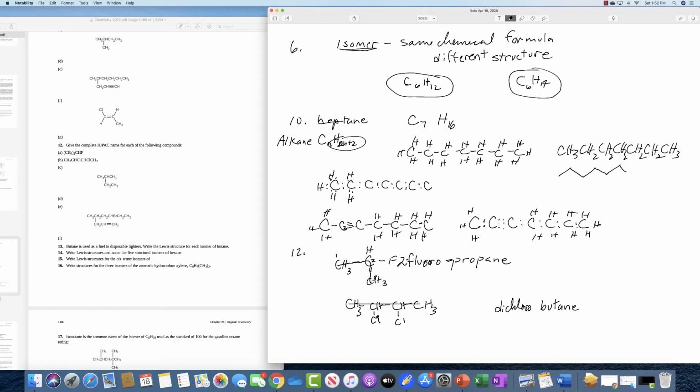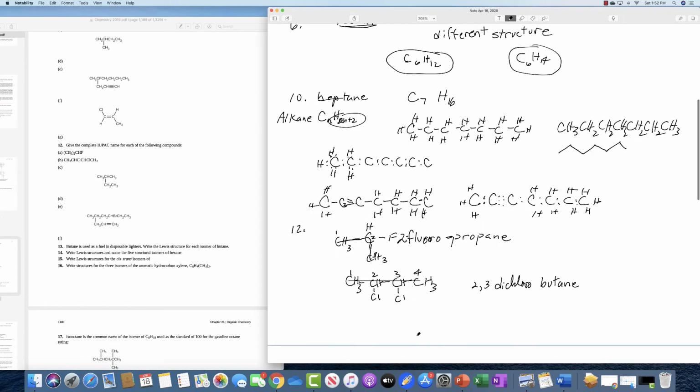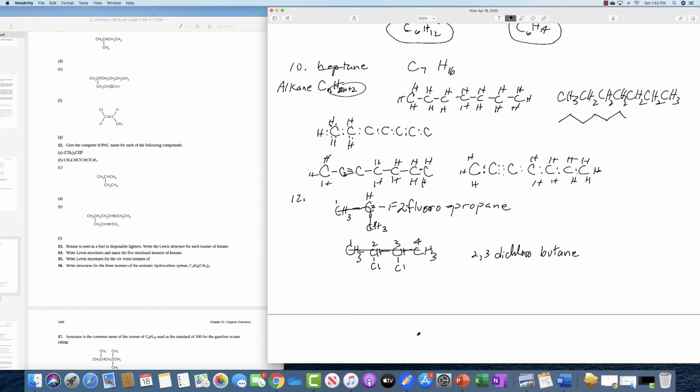It could be here and here. It could be any. In order to signify this, you've got 1, 2, 3, 4. So this is 2,3-dichlorobutane. Now they drew the next one for us, so let's do that.